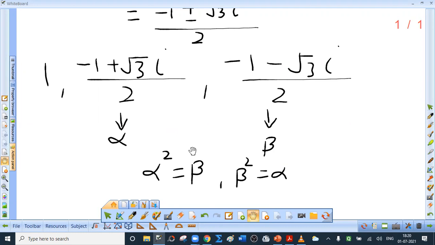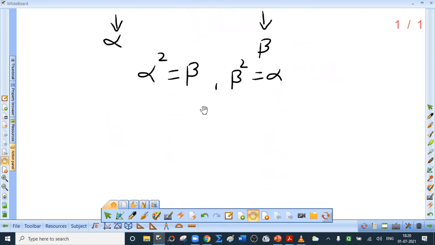Therefore, we denote one of the two complex roots by omega. We have discussed Greek alphabets. This is small omega. You have already used capital omega, ohm, the unit of resistance. This is small omega. So small omega is used to denote one of the cube roots of unity.